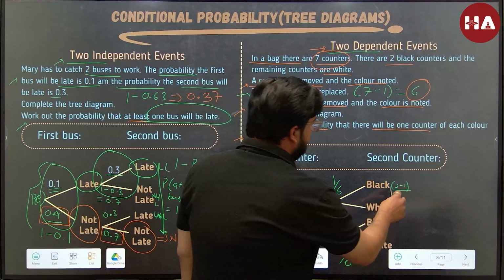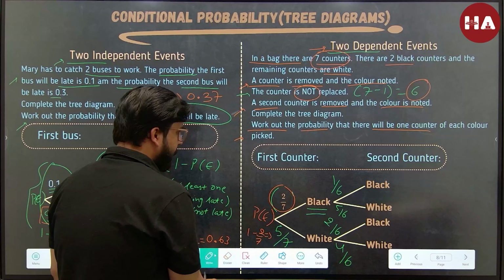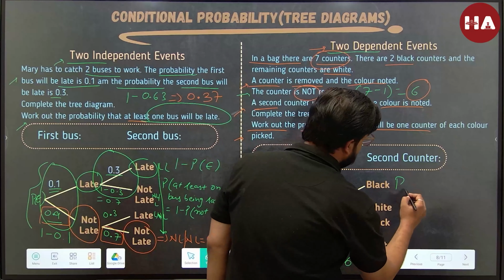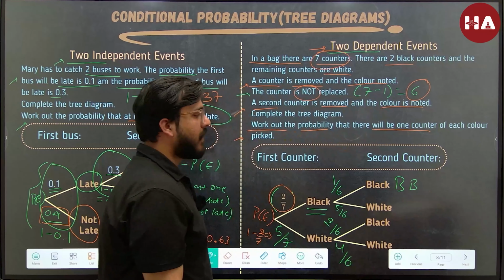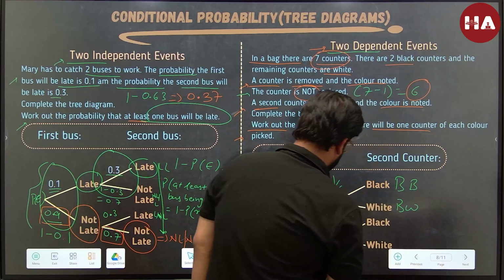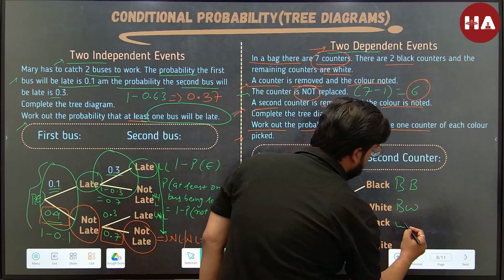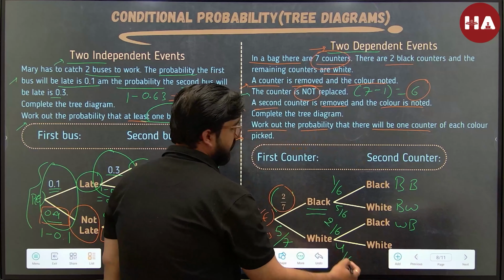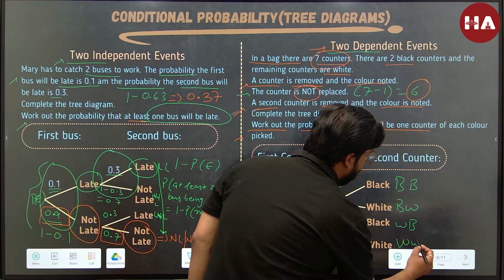Now you can write the probabilities all together. This signifies black and black in both draws, this denotes black and white, this is white and black, and the last one denotes white and white.